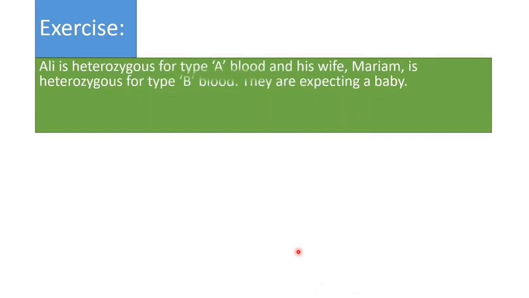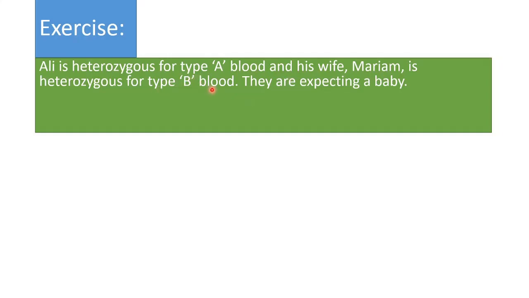Let us see in this example what we have. I have in this exercise: Ali is heterozygous for type A blood. When I say type A, meaning blood group A. And his wife Maryam is heterozygous for type B blood.